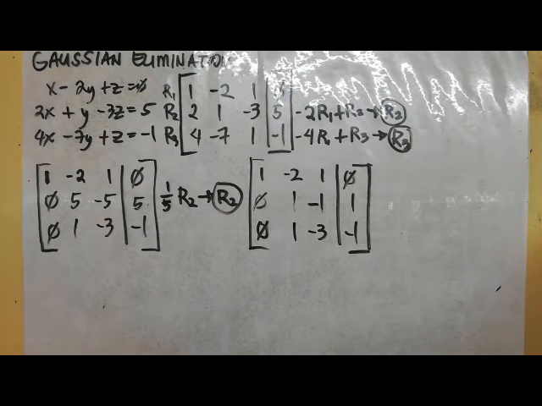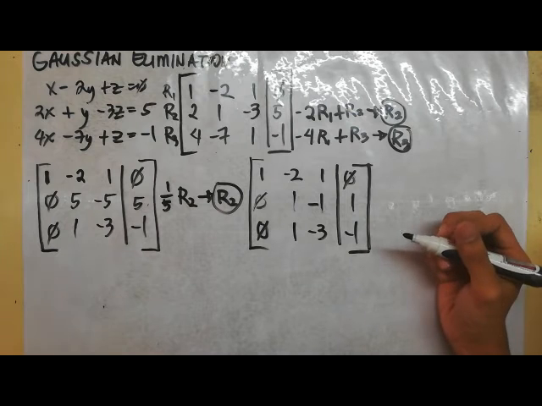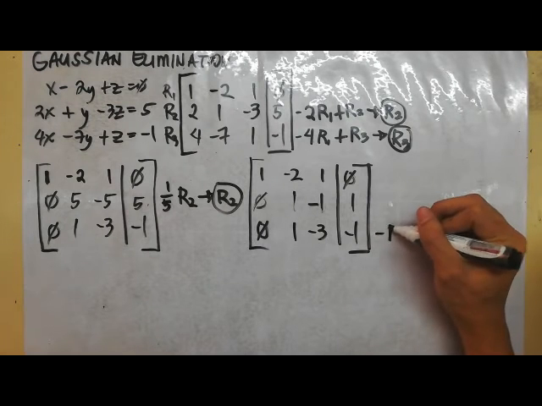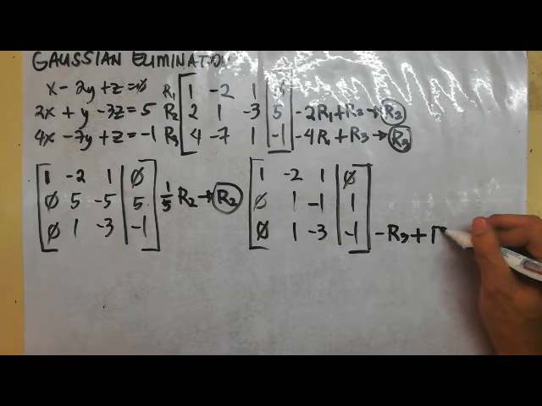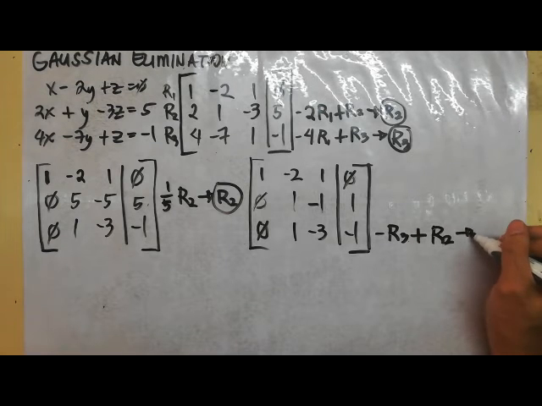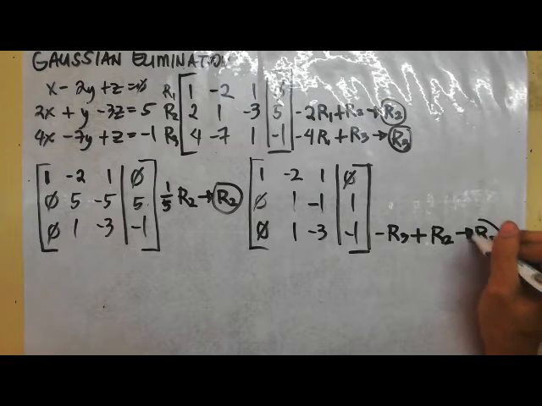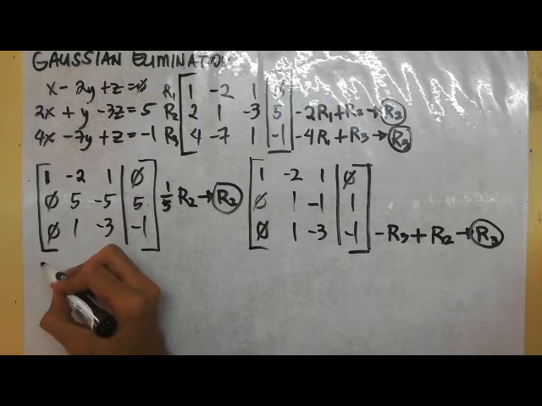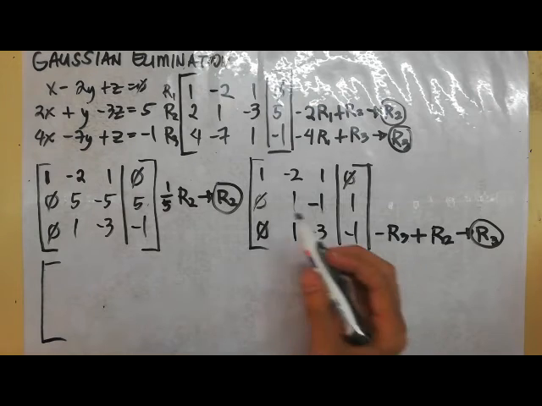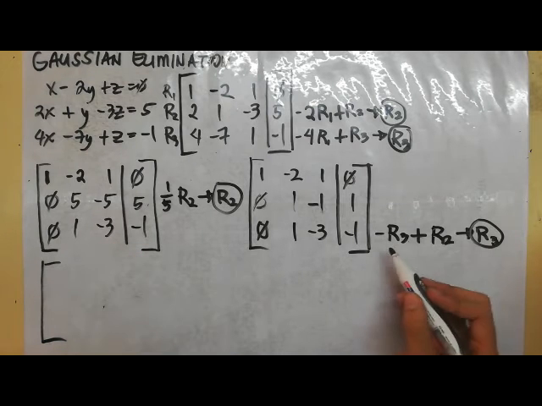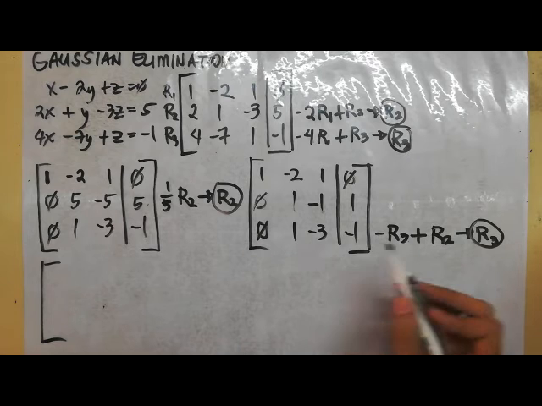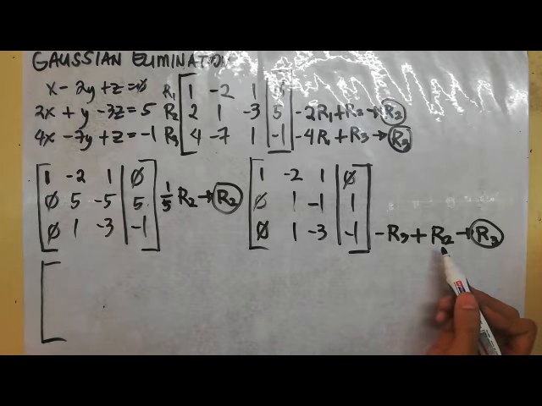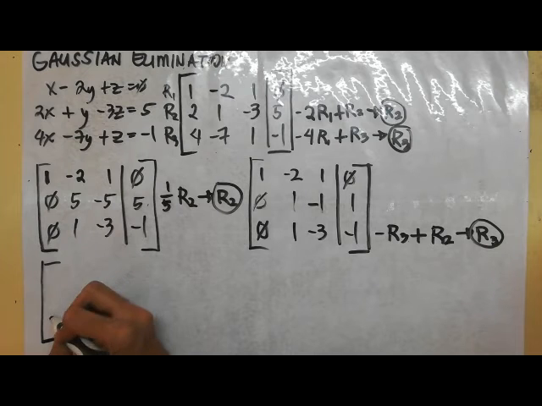Next, we have the formula for R3, which is negative R3 plus R2 for the new values for R3. So we will get negative R3, which is 0, plus R2, which is 0, so we have 0.